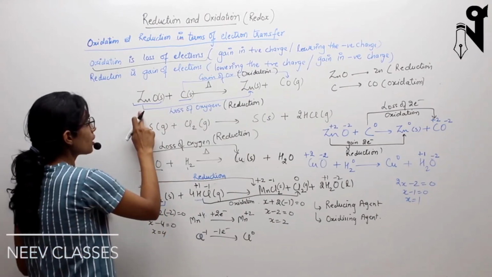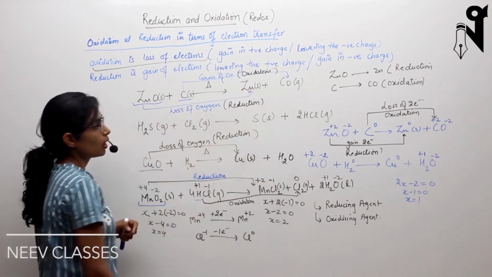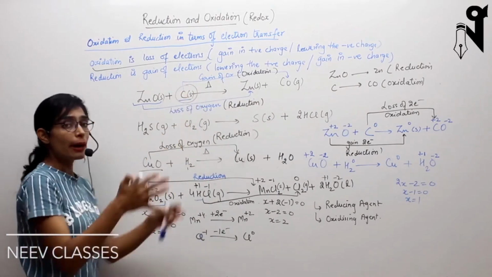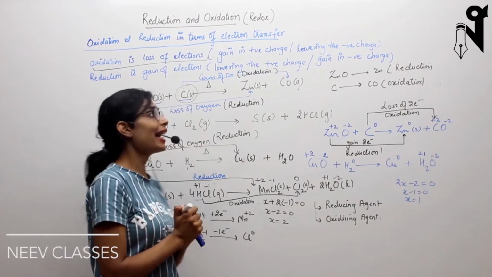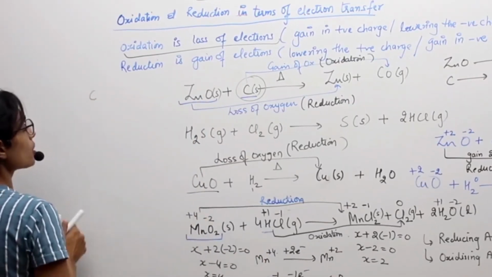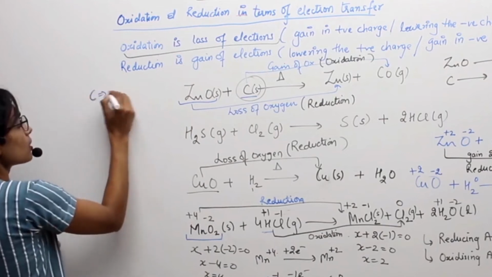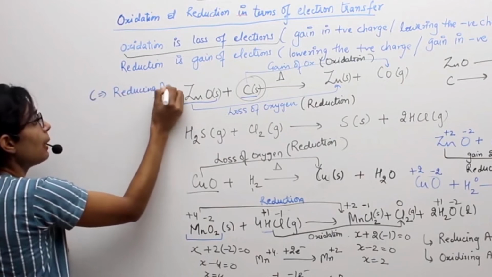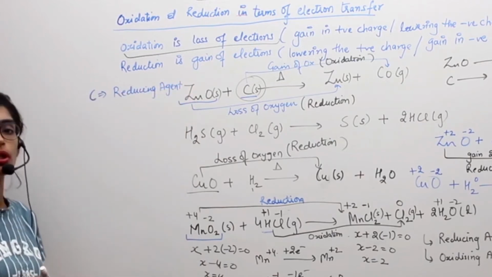To make this reduction possible, carbon played its role by pulling the oxygen from zinc oxide, and hence carbon is your reducing agent, which helped zinc oxide to get reduced.